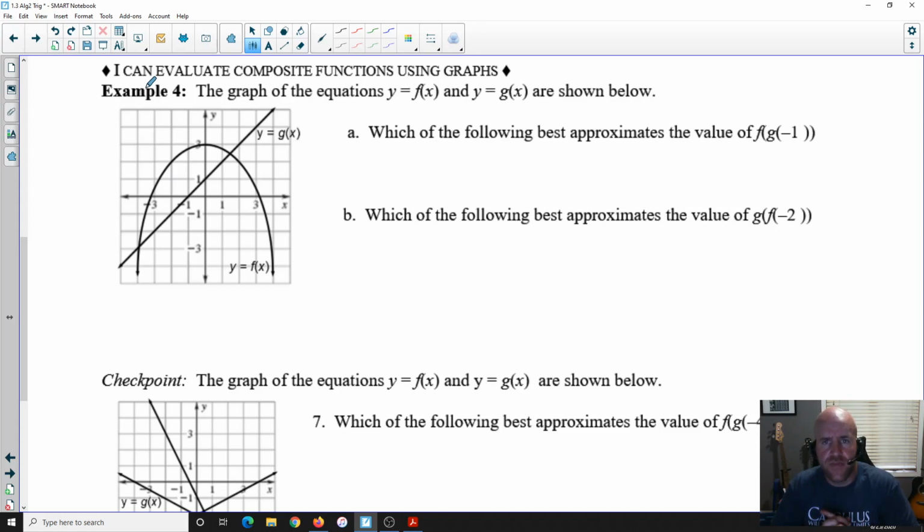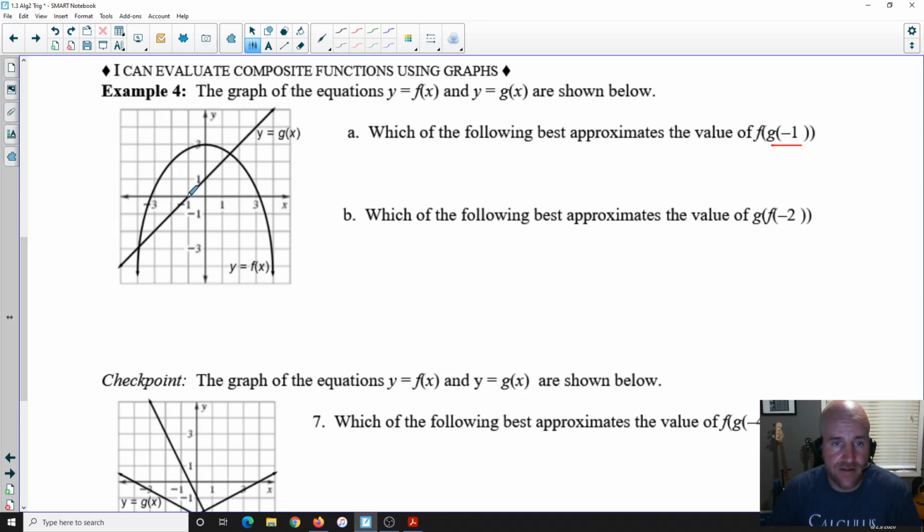The graphs of the equations f and g are shown below. Okay, so g is this line, and then f is this upside down parabola. Which of the following best approximates the value f of g of -1? Remember, we're going to evaluate g of -1. So we go to -1 on the x, and we look where it hits the g function, which is the line.